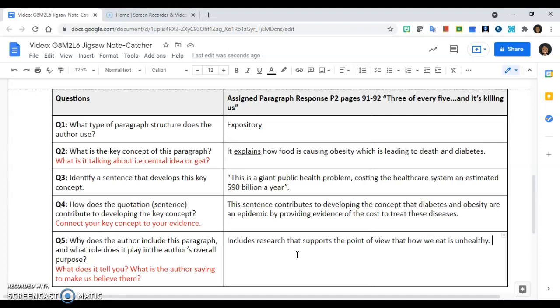So all this has to do with health care, things like that.